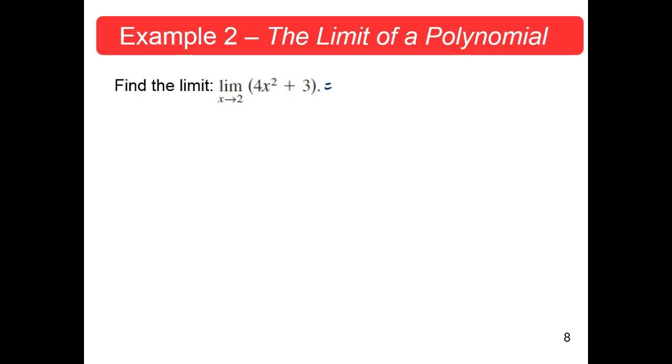What would you do? The short way. Okay, and what's your short way? My short way may be a long way. I would just plug in the 2 for the x. That's exactly, to me, the short way. Okay, what does that give you?